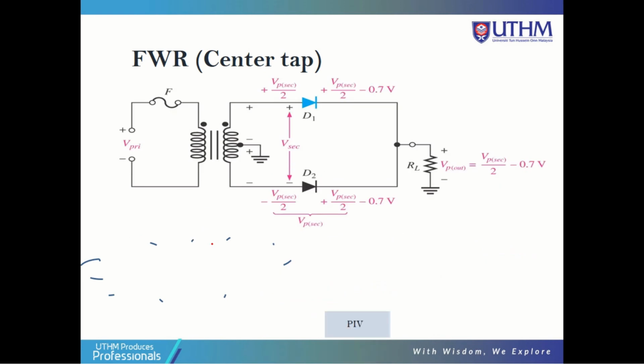Okay, this is for center tap. For PIV we have a conflict. For your level, just know that PIV for the full wave rectifier is V peak secondary minus VD. But for the half wave rectifier, PIV is equal to V peak at secondary.